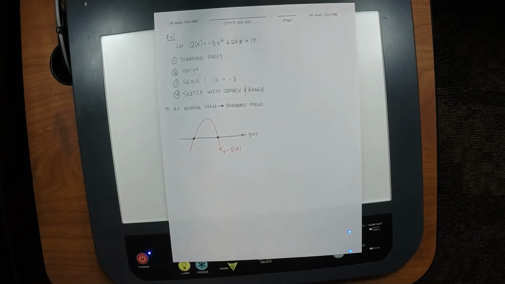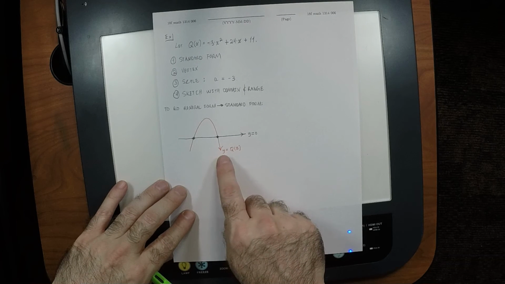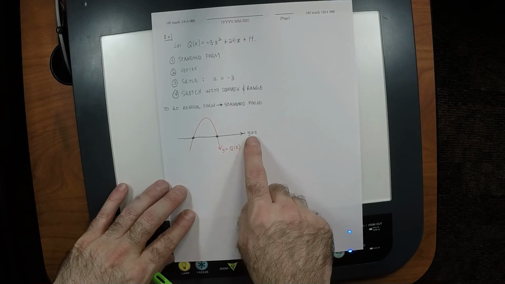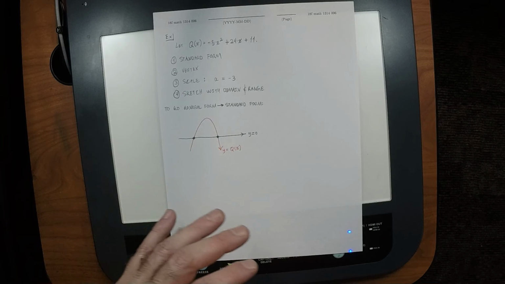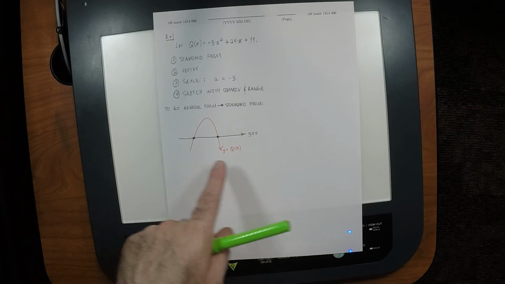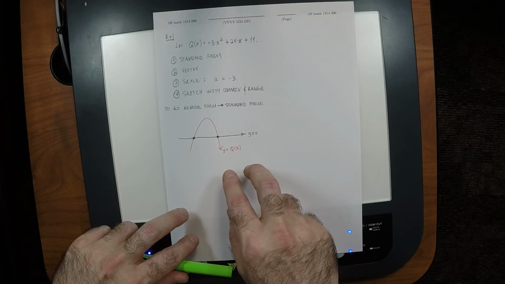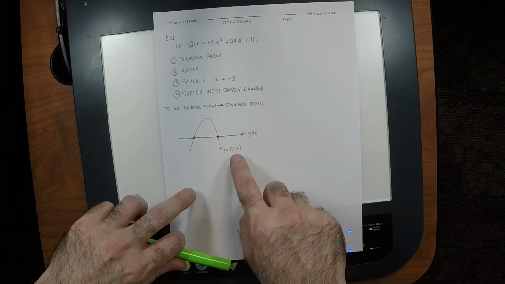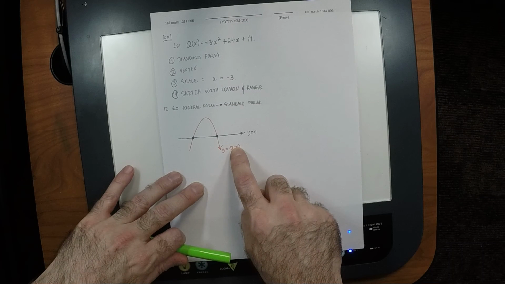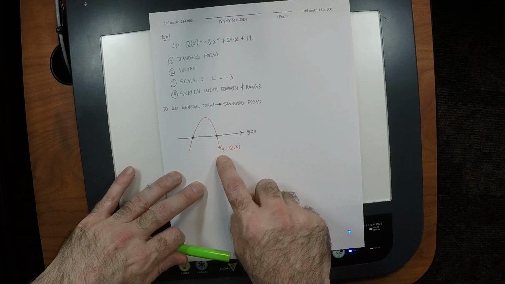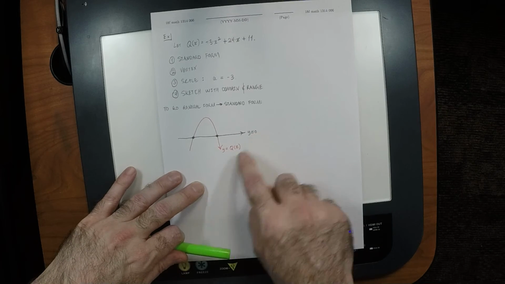Those satisfy both conditions: on the one hand y is q of x, and on the other hand y is also 0. So what equation do those 2 points satisfy? Well, q of x is 0, because if q of x is y, and y is 0, then q of x is 0.